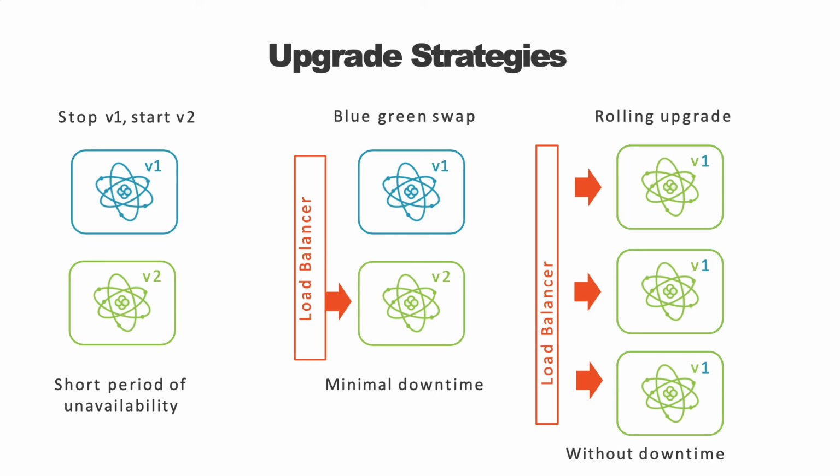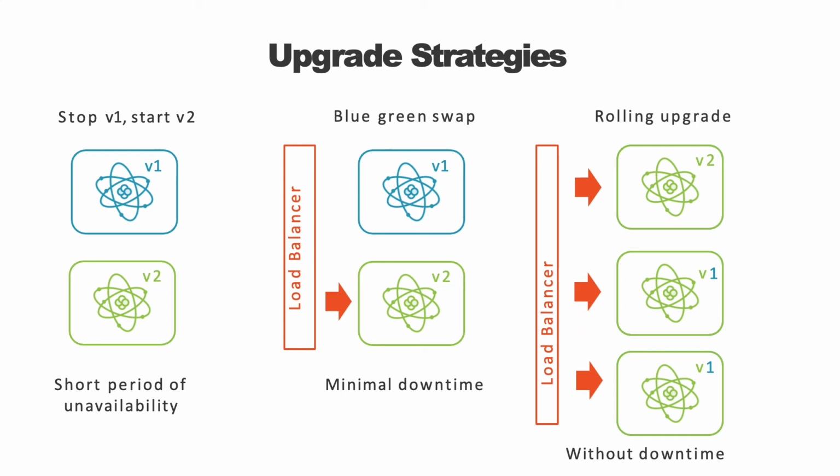Another strategy is called the rolling upgrade strategy. It's when we have multiple instances. Let's take an example of three instances of my V1 service, with a load balancer balancing the load between the three instances. I will start by replacing only one instance of my microservice.